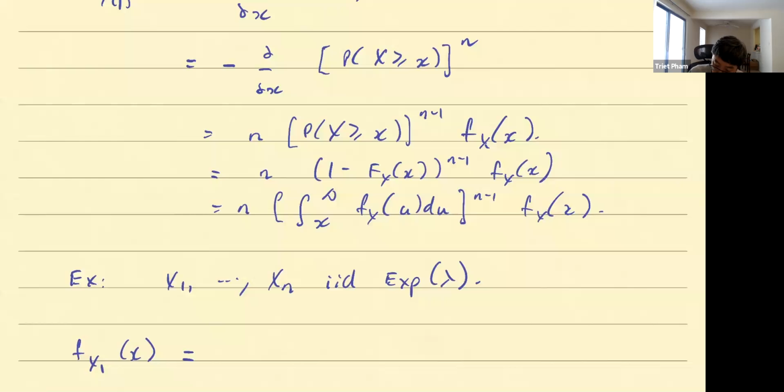Well, so there's an n. Okay. There is the probability that you are above this value x. Well, what is it? So first of all, what's the density? The generic density is 1 over lambda e to minus lambda x, right?